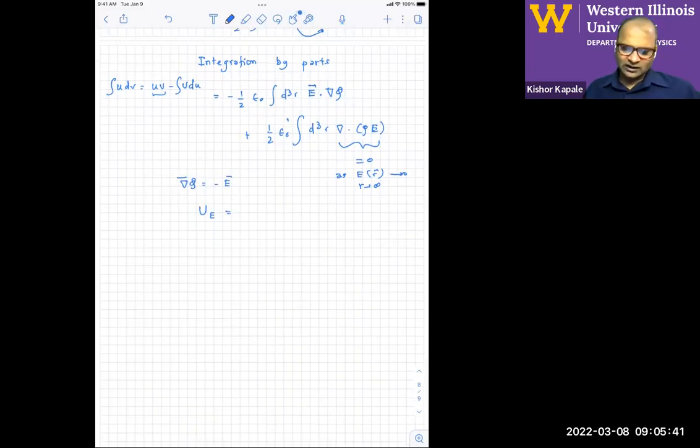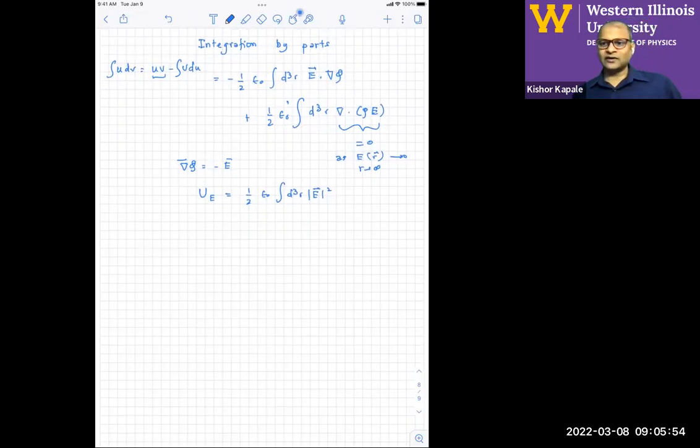This negative and the negative sign in the first term turn into positive, and you're then essentially left with the integral d cube r E squared, right?